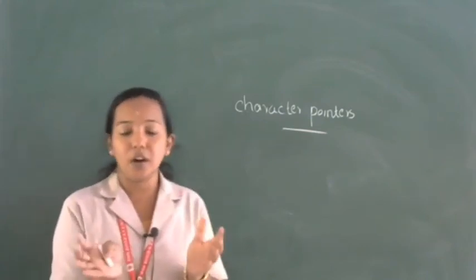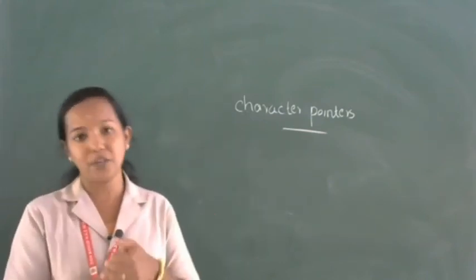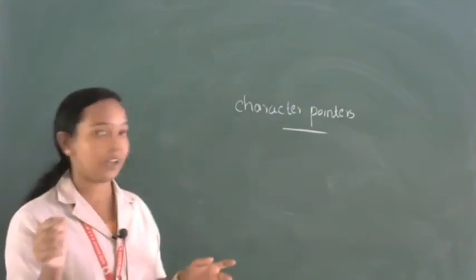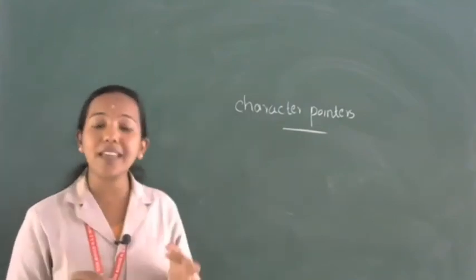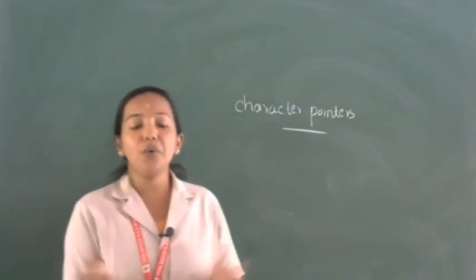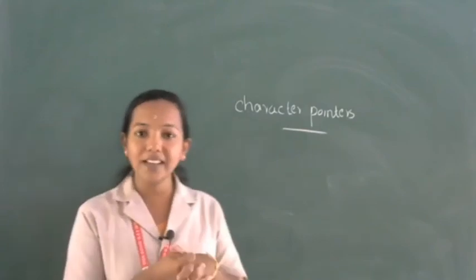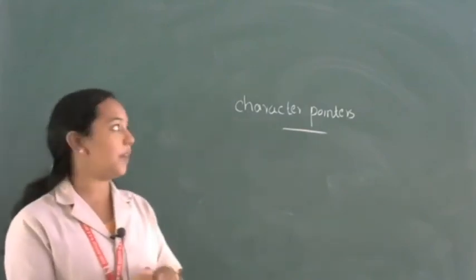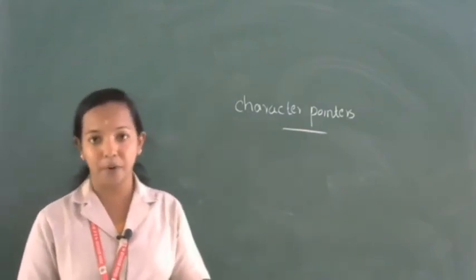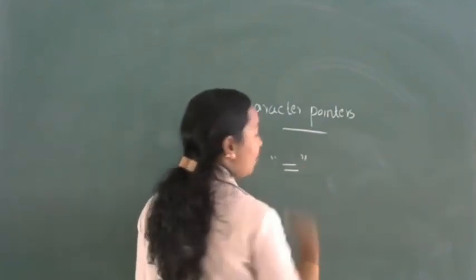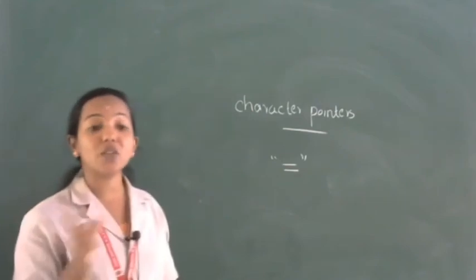Equality checking is not possible directly, so the strcmp function is present. Instead of equal to, we are using the strcmp function. But if we are using character pointers, we don't need that kind of function. Equality checking and all these operations will be possible with character pointers. So we can use the equality symbol for comparing two character pointers.